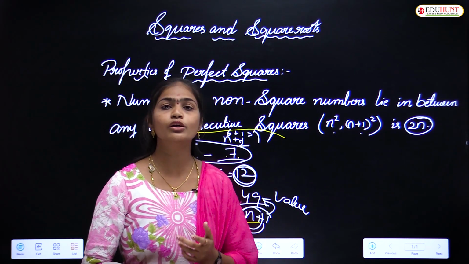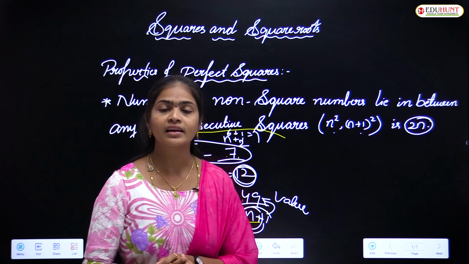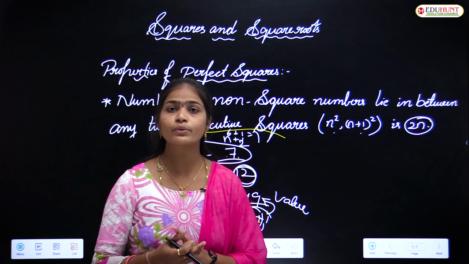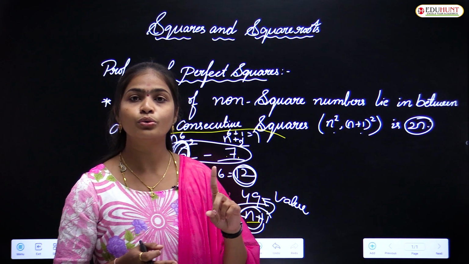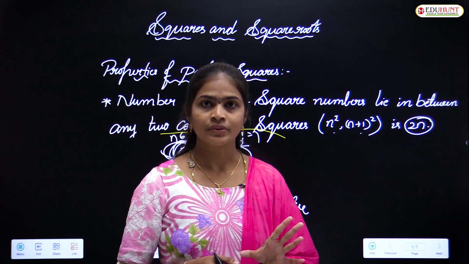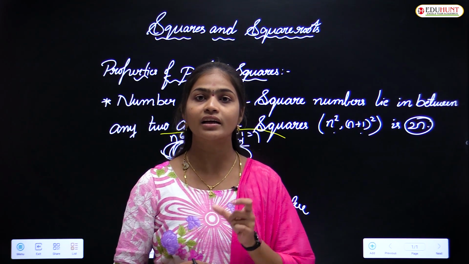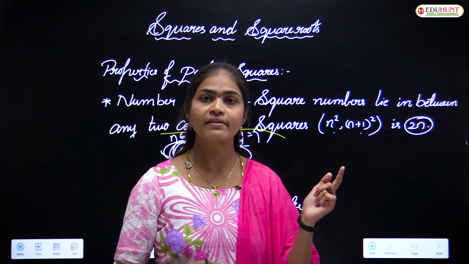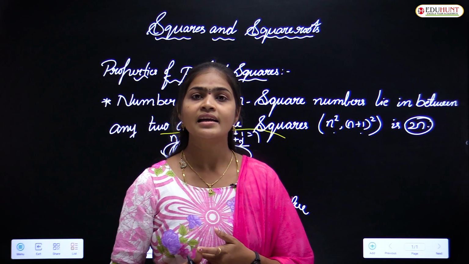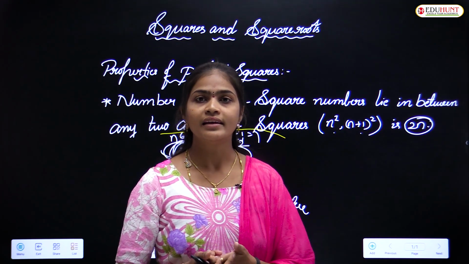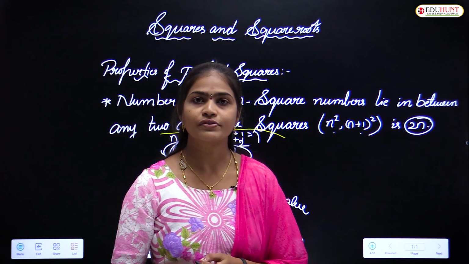In the previous video, what are those 3 points once again? A perfect square never ends in 2, 3, 7, 8. If the number has either 2 or 3 or 7 or 8 in its units place, then we can say it is not a perfect square. That is the first point.